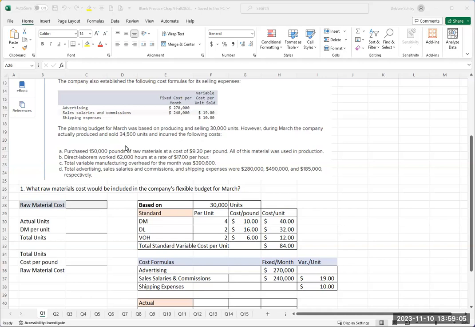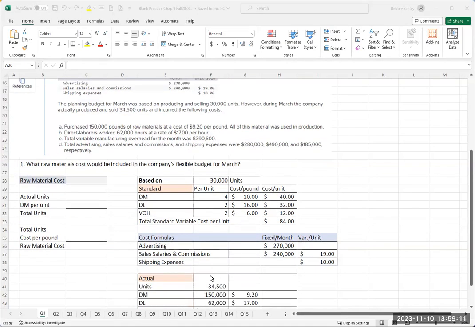However, during March, the company actually produced and sold 34,500. So my actual units is 34,500 units. I purchased 150 pounds of raw materials, so this is pounds, at a cost of $9.20 per pound.